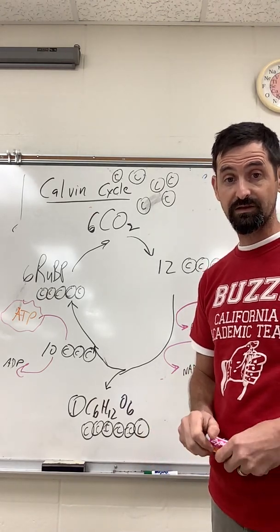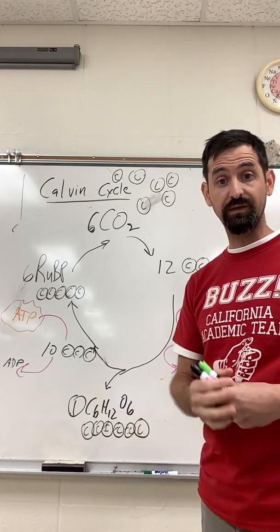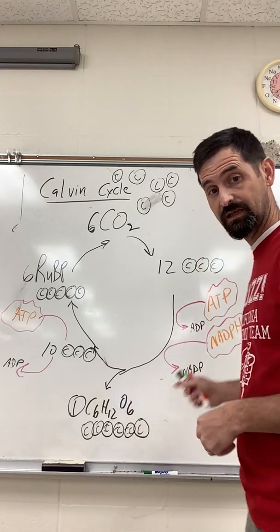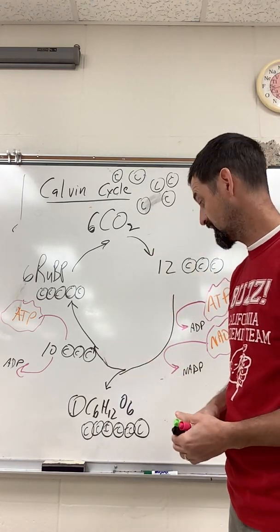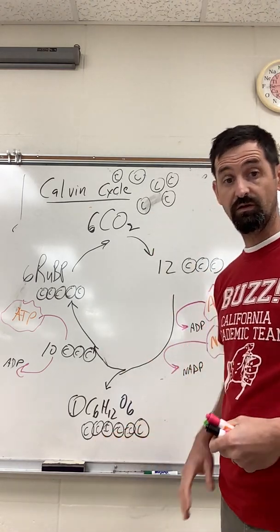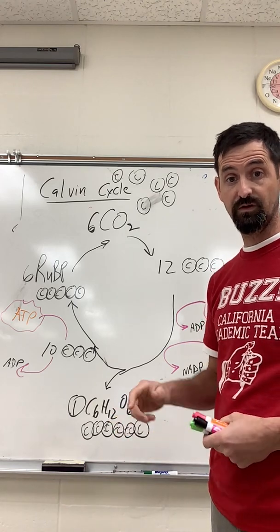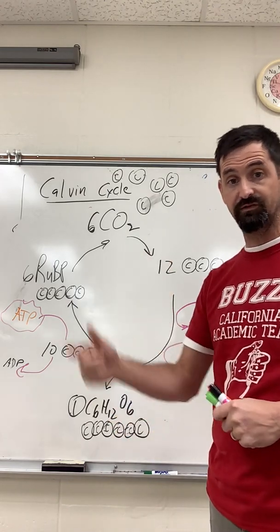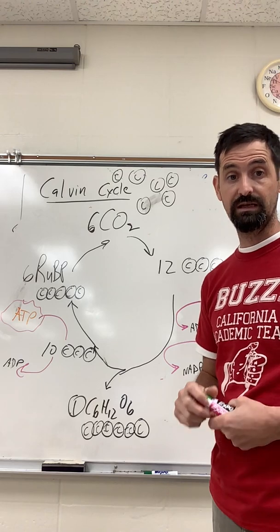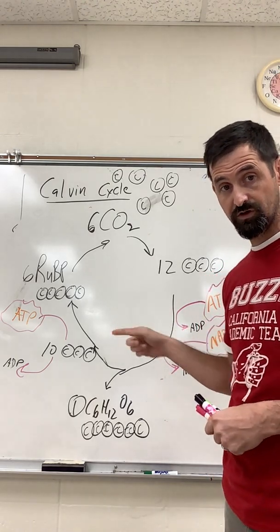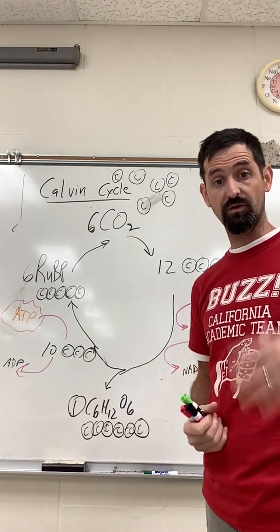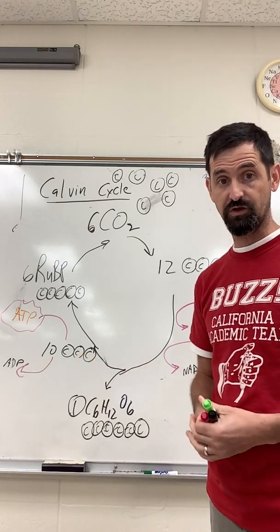So plants, very good, right? As long as they're getting these molecules, they want to have carbon dioxide and they want to be generating all of these sugars, or as many sugars as possible. So this is really limited by the amount of light that a plant is getting. More light means more energy means more turns on the cycle, and that means greater growth and more production of sugars.